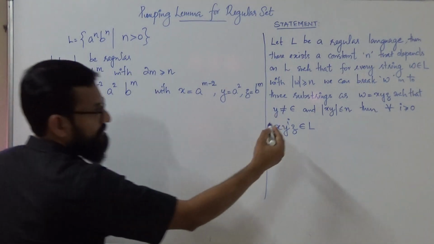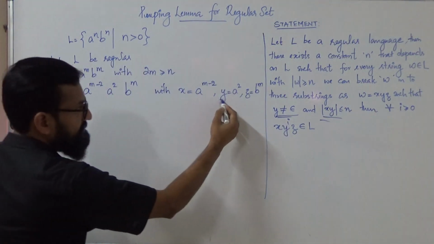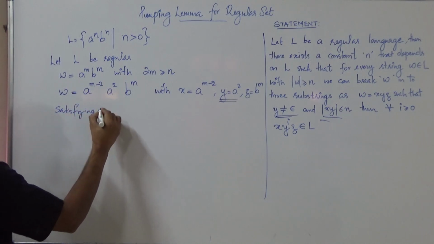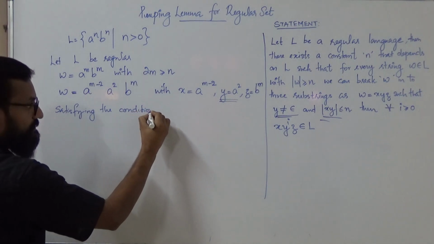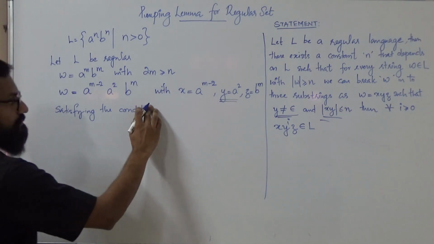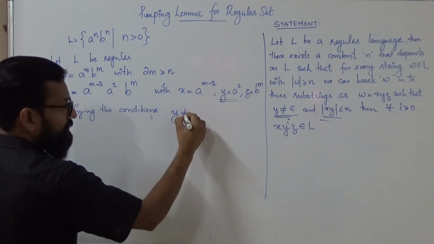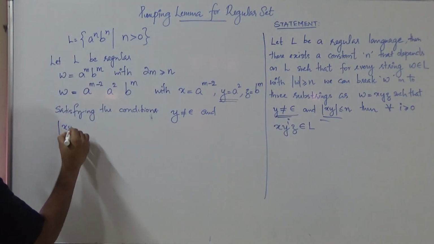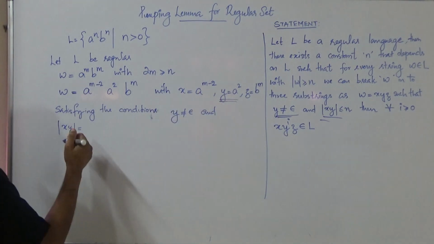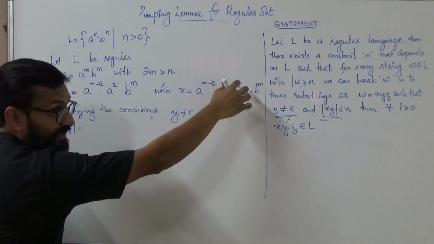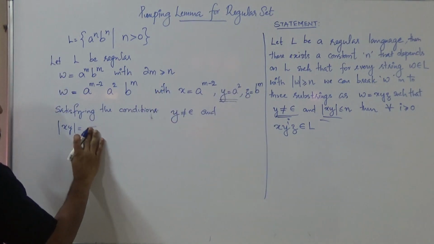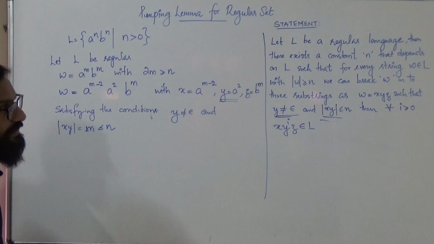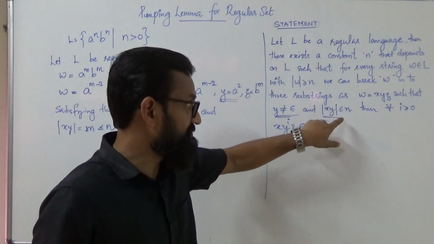Here it satisfies these two conditions: y is not equal to epsilon, and if I take the string xy, length of xy will be m, which will always be less than or equal to n. It will satisfy this condition, length of xy less than or equal to n.